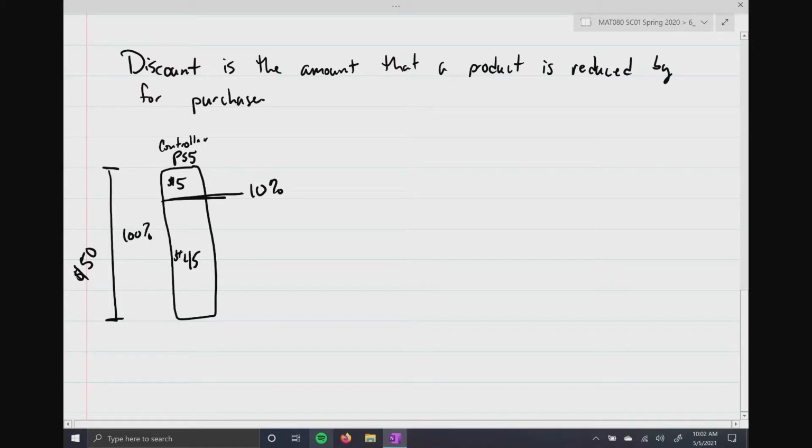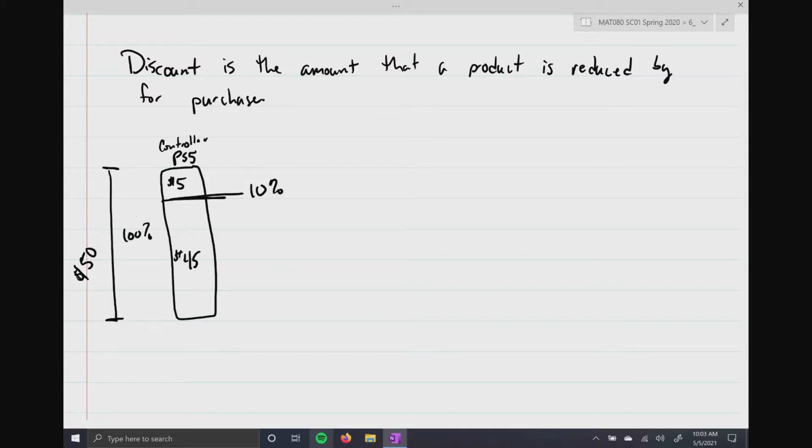All right, now I did that math real quick in my head, okay? But when you go to the store and they say, hey, the original price of this controller is $50, but we're going to sell it to you 10% off, that's our discount, then they're taking part of what they thought it's worth and they're just discounting it by 10%. In this case, you were going to save $5. You're going to pay $45.